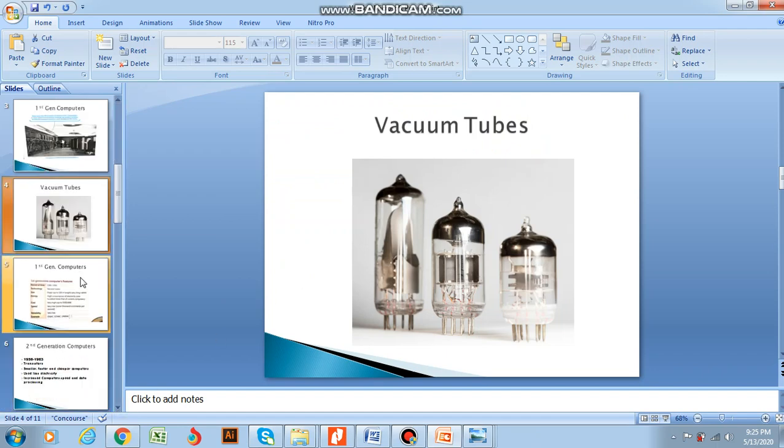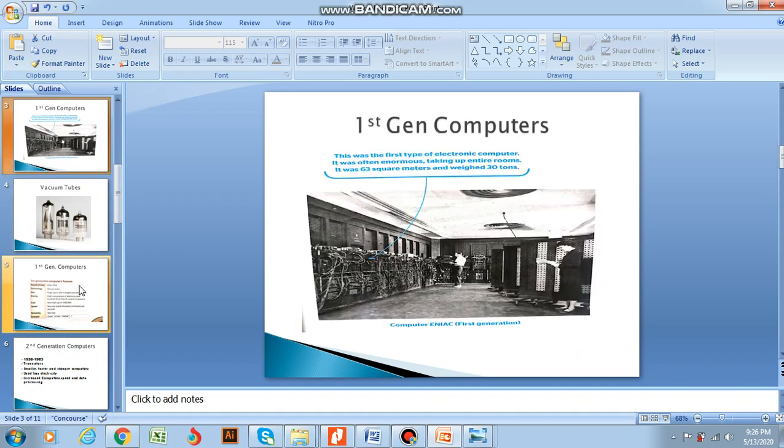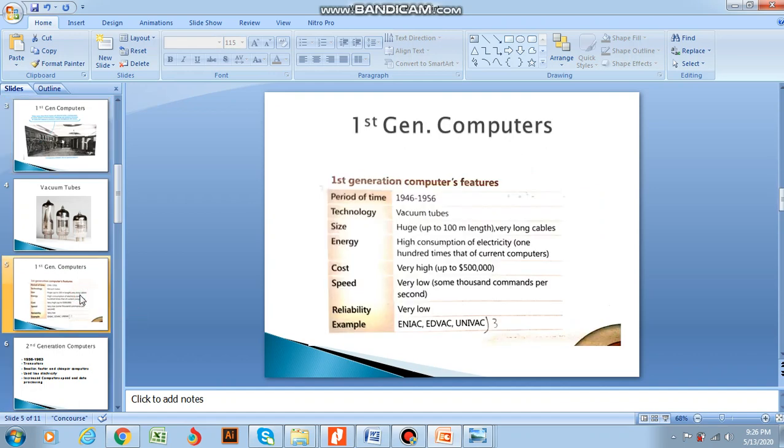Okay, let's see the features of the first generation computers. The time period was, as I have already mentioned, that they lasted between 1946 till 1956. The technology they used was vacuum tube technology. Size was very huge, as you can see over here. Look, they are taking up the entire room. So you can imagine the size. Energy, high consumption of electricity.